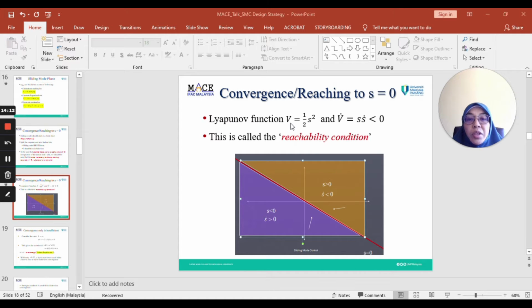In our case, we define our Lyapunov function as half S squared, and the derivative of the Lyapunov function, V dot equal to S times S dot, must be negative definite. This is what we call the reachability condition.